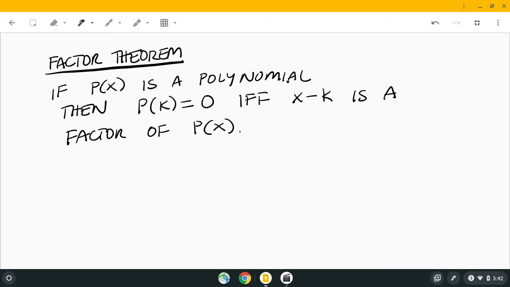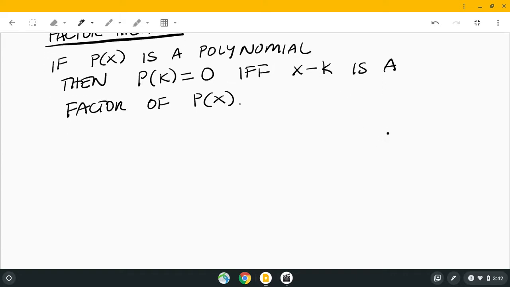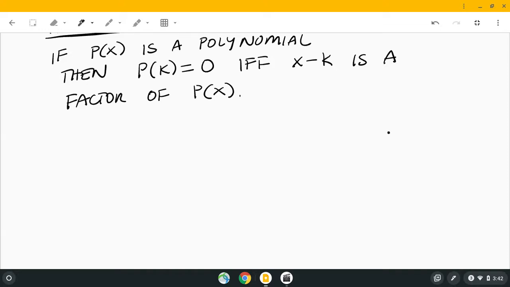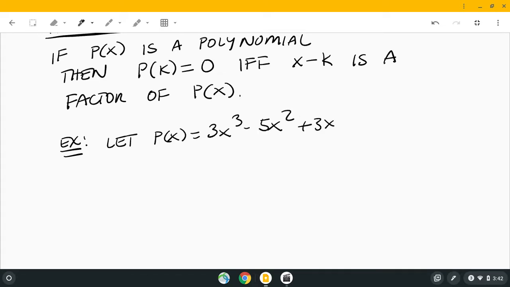So same thing here with polynomials. x minus k will be a factor if you do your synthetic division and you get 0 for a remainder. Okay, all right, so let's take a look here. Let p of x equal 3x cubed minus 5x squared plus 3x minus 10.